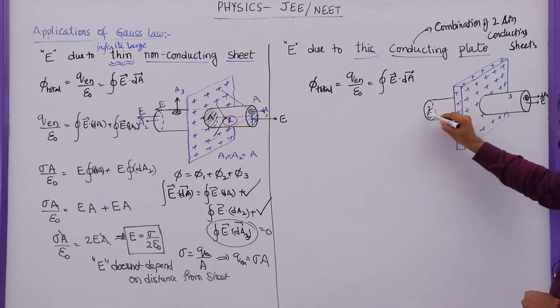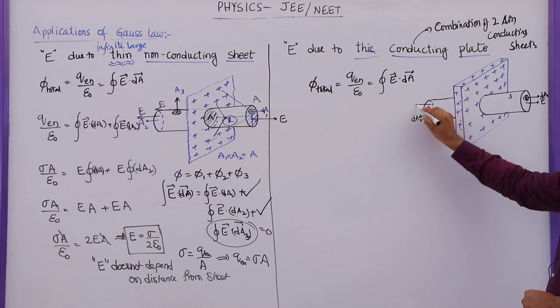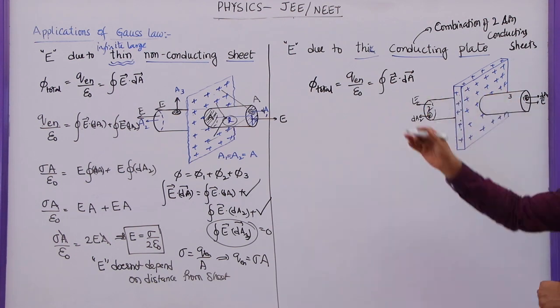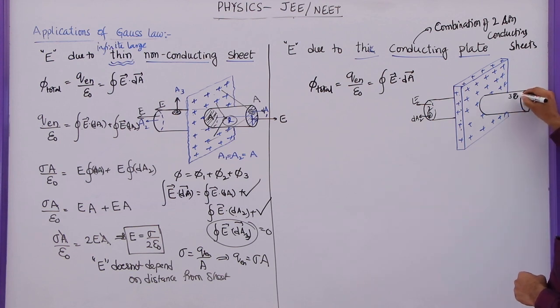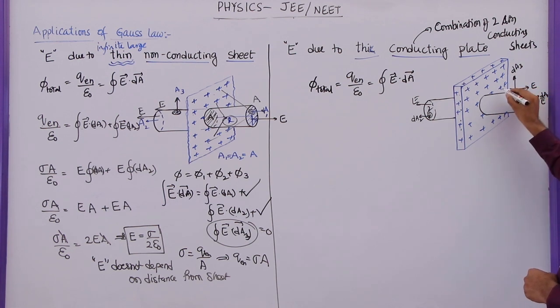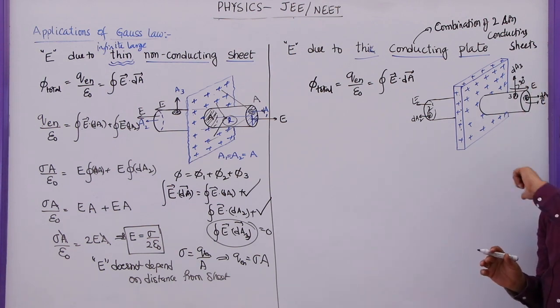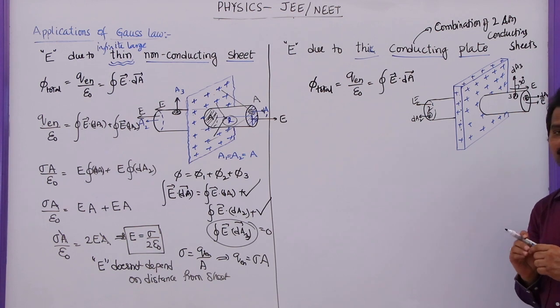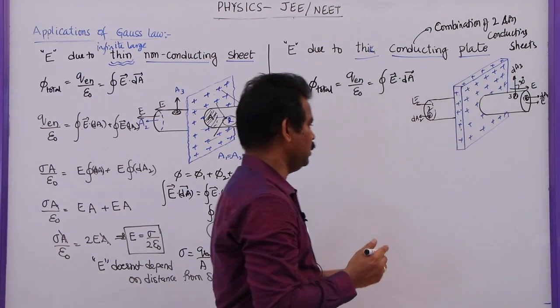Similarly, for the small elemental area dA2, the electric field will be outwards on the other side of the plate. But what about the third surface? For this, the area vector dA3 is normally outwards, but the electric field is perpendicular to this plate, where theta is equal to 90 degrees. So we are not going to consider the flux through the curved surface. We are going to consider only the flux through the two circular areas.